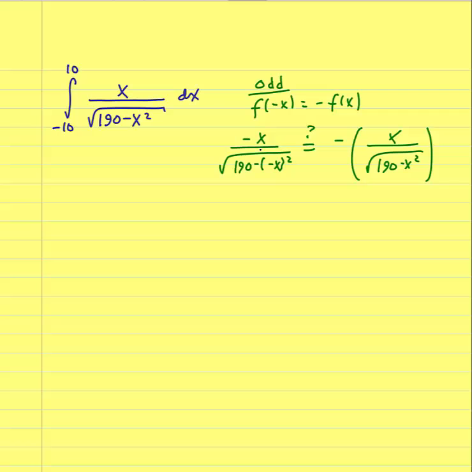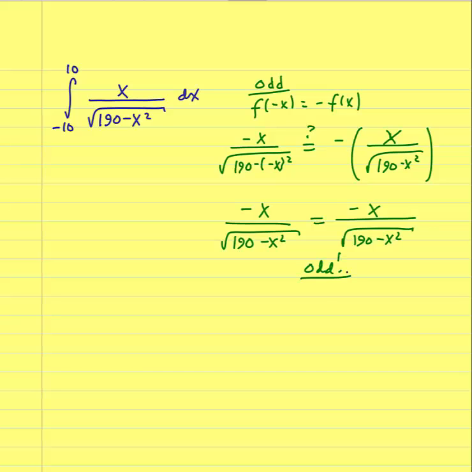Over here on the left, I get negative x over the square root of 190 minus x squared, and again, negative x times negative x is a positive x squared. Over here on the right, the negative only really distributes to the top. It doesn't go to both top and bottom, so these are equal. So this is an odd function.